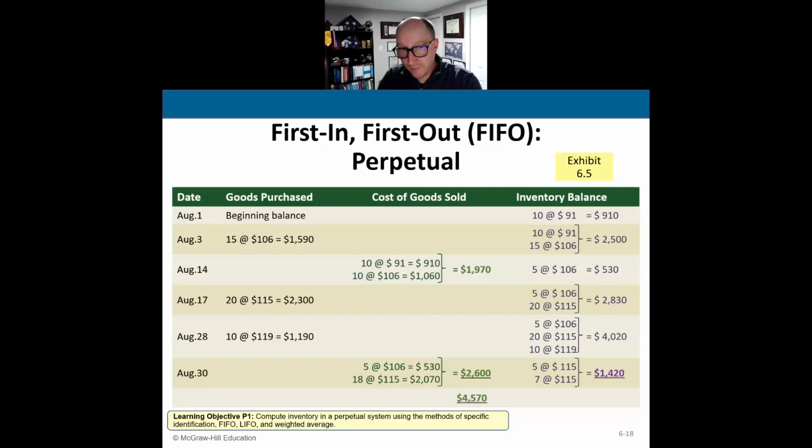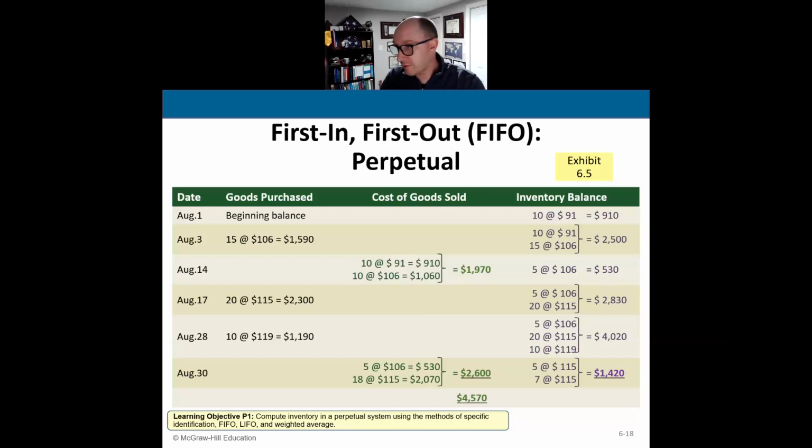Now remember, first in, first out. That means I'm going to sell my beginning inventory first. Why? Because I had that first, sitting in my store first. Got to get rid of it first. Okay, so first thing I'm going to do is sell those first 10 bicycles that cost me $91 a piece. And then I'll sell the rest of what I have left in inventory.